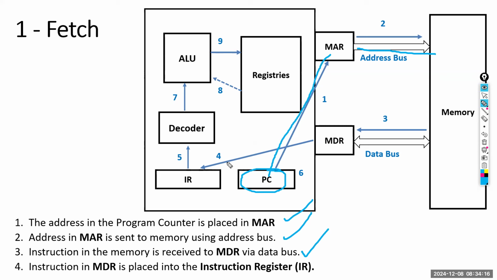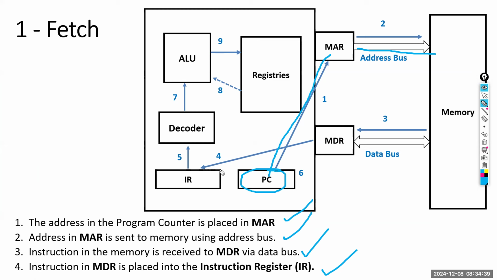And when the processor is ready, that instruction is copied to the instruction registry. That is called fetch. Steps 1, 2, 3, 4 are part of the fetch.